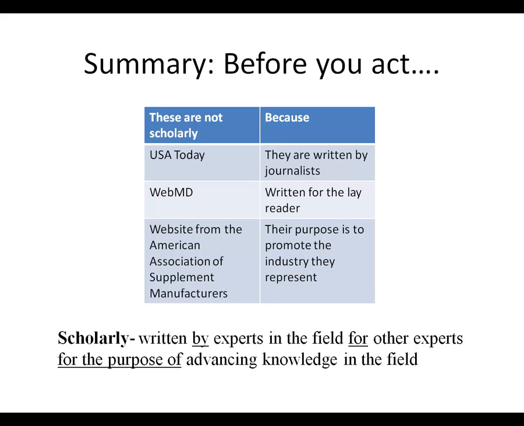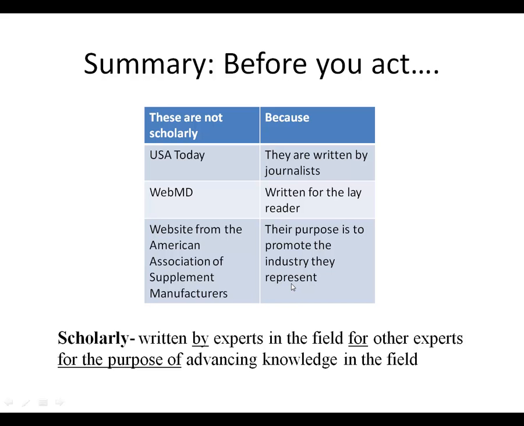So when you are on the web and you're looking at websites, most websites have agendas, especially if they represent an association of some sort. So for example, if you have a website that is supported in some way by the American Association of Supplement Manufacturers, their interest is to represent their industry.